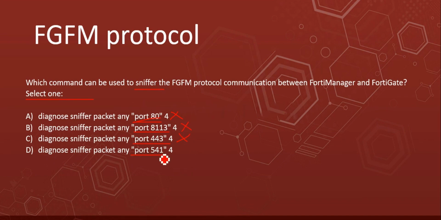The diagnose sniffer packet any port 541. So answer D is correct, because the FGFM protocol uses port number 541 for communication between FortiManager and FortiGate using a secure tunnel.